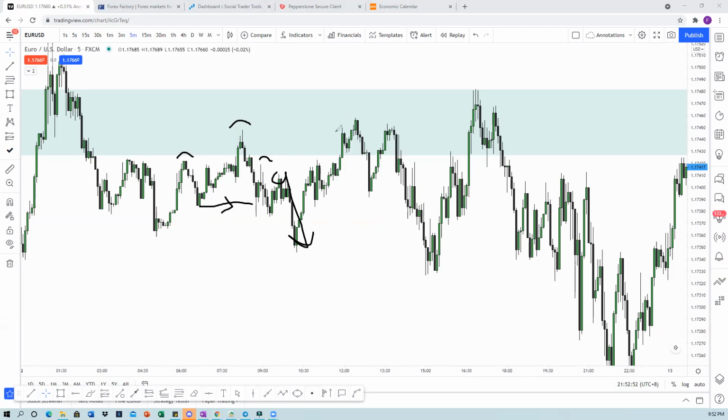You have a sell over there. 1, 2, 3. See, price goes lower, comes near the third swing point and sells off. 1, 2, 3. Comes near the third swing point and sells off.